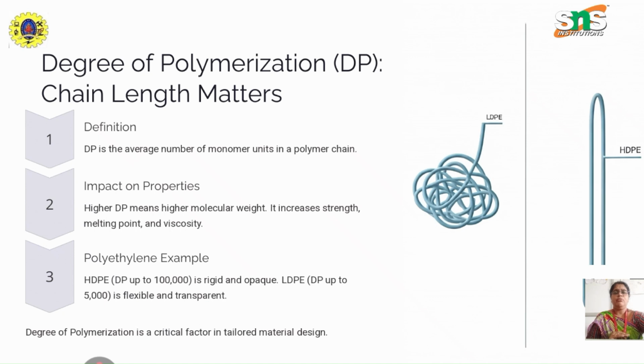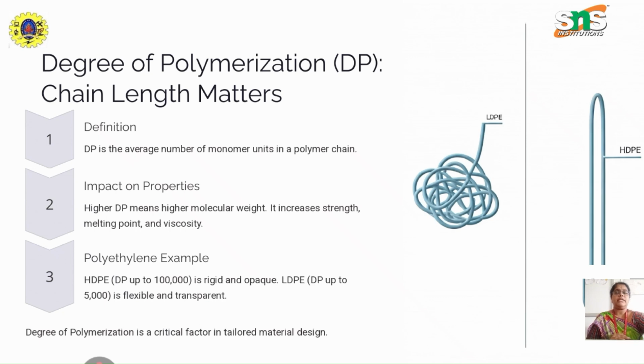For example, polyethylene. Polyethylene is broadly classified into high density polyethylene and low density polyethylene. In high density polyethylene, the degree of polymerization is up to 100,000, which is rigid and opaque. When it is a low density polyethylene, it's up to 5,000 and it's flexible and transparent.